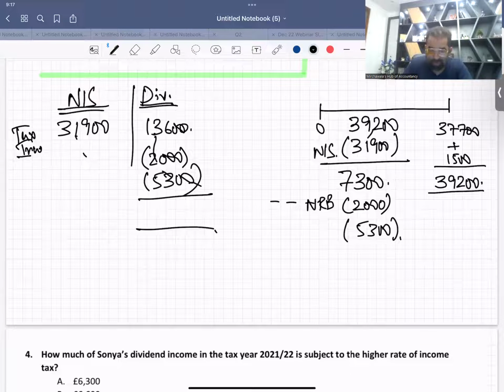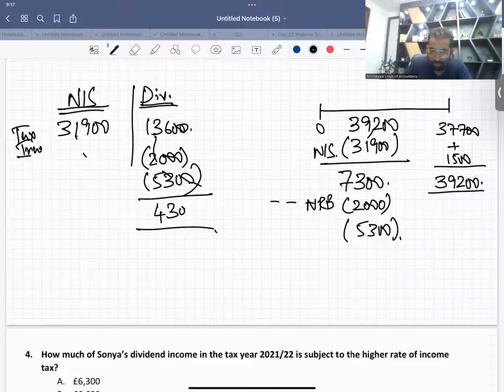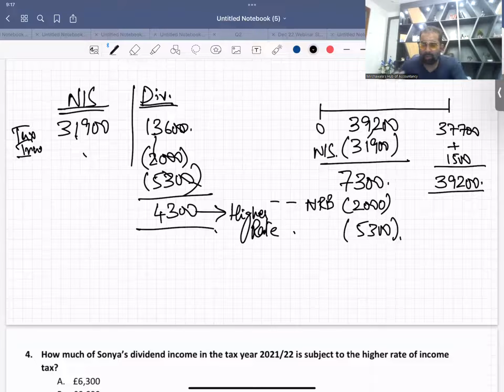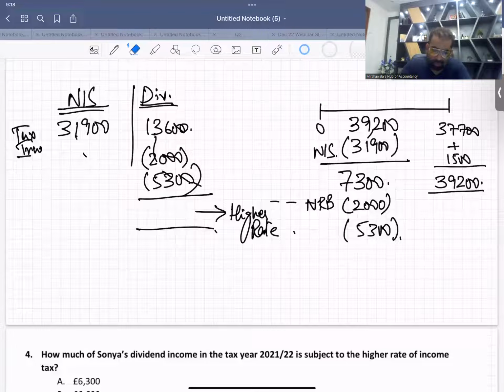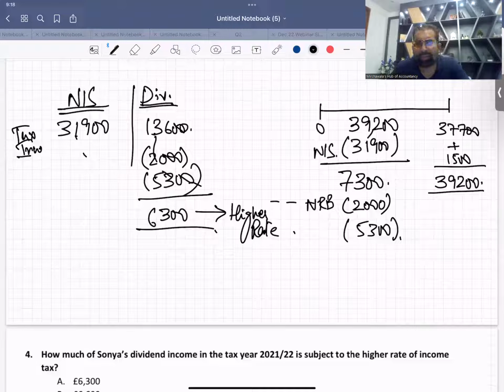Yes, 4,300 will go for higher rate tax, because now the basic rate is finished. Somebody told me wrong. 13,600 minus 2,000 minus 5,300 is how much? 13,600 minus 7,300 is 6,300. Yes, 6,300 goes at the higher rate. Somebody told me wrong.